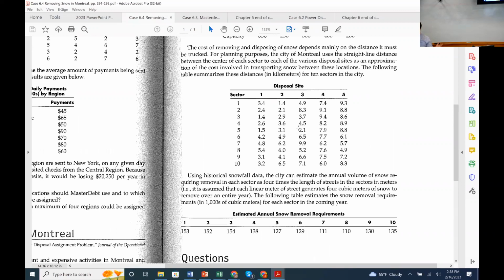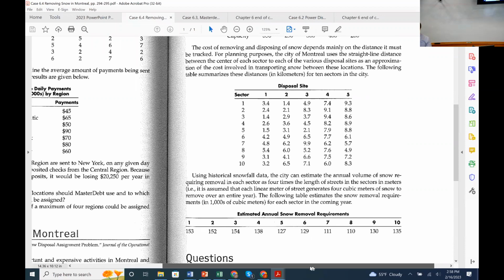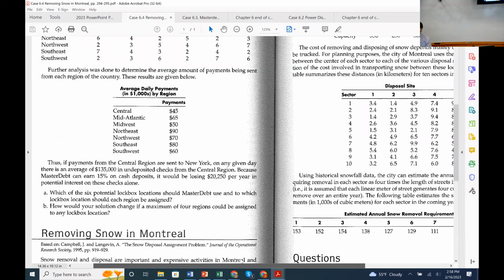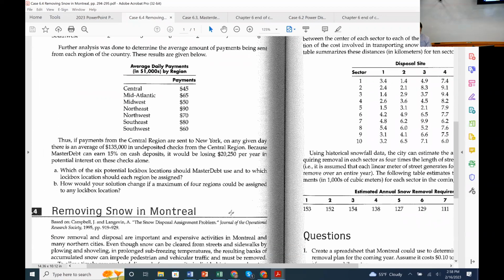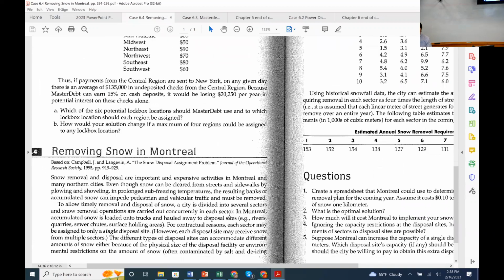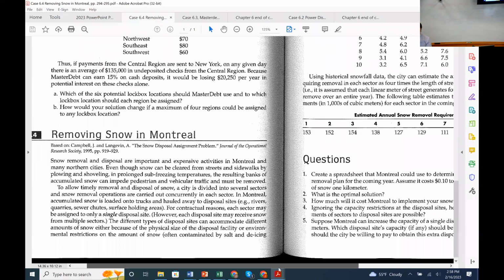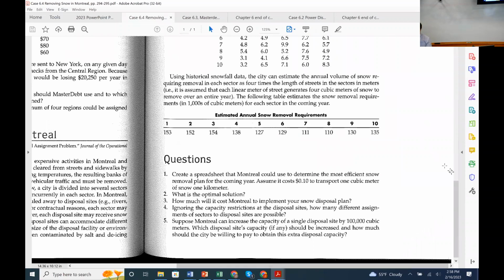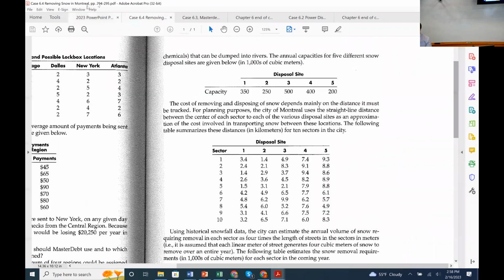And the cost is per ton of snow per mile, or I guess it's per 1,000 cubic meters of snow per mile. And then the other thing that's in the case is limits on how much snow can be taken to each disposal site. Where do these limits come from?